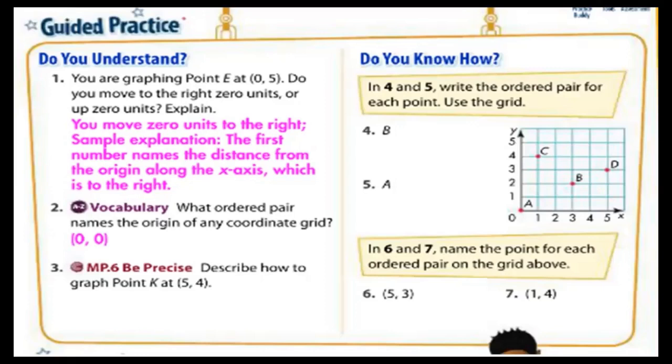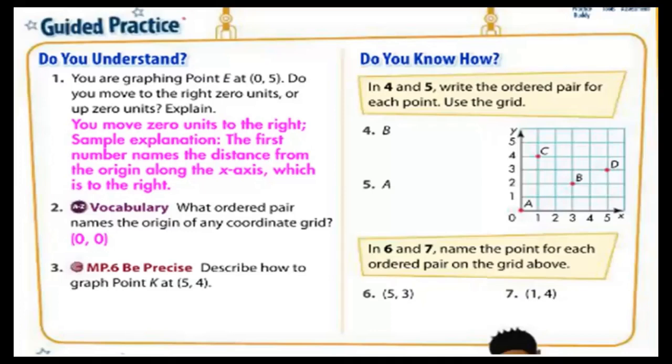Question number 3 in guided practice. Describe how to graph a point K at 5 and 4. Imagine that you have a grid with 2 axes. The first one on x equals 5. So you are going to move on the x coordinate 5 units, starting from the origin point, or from 0, to the right. 1, 2, 3, 4 to the right.